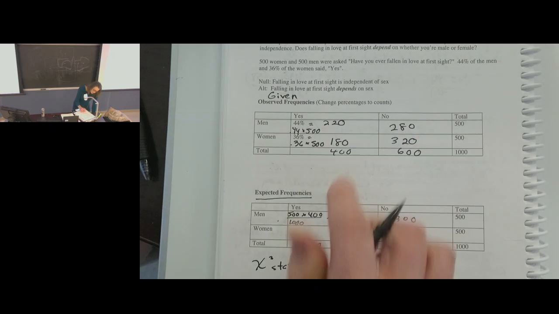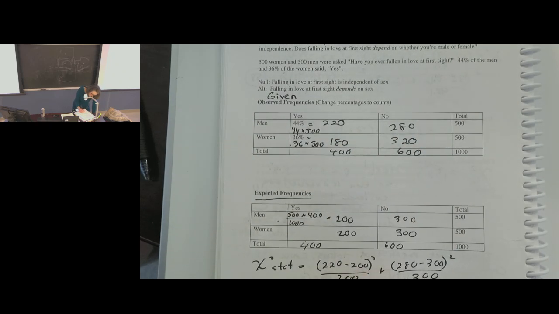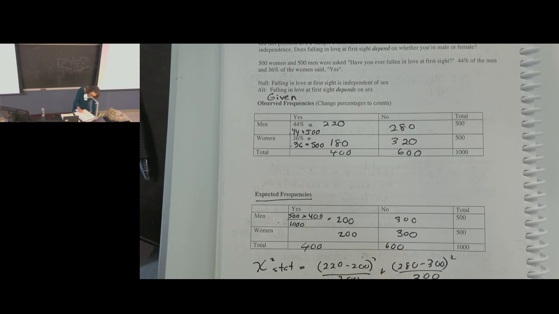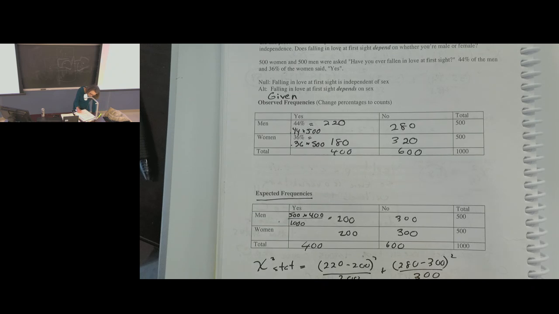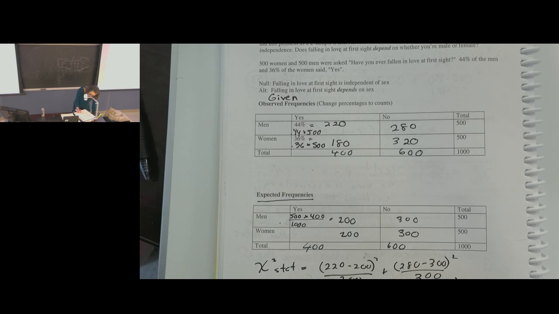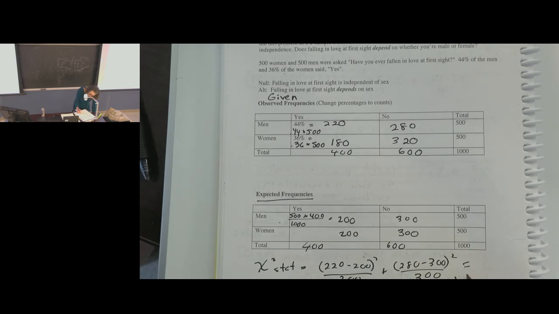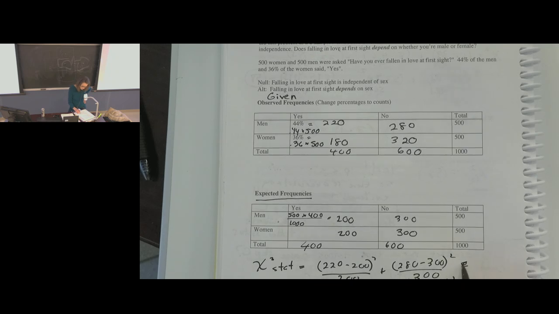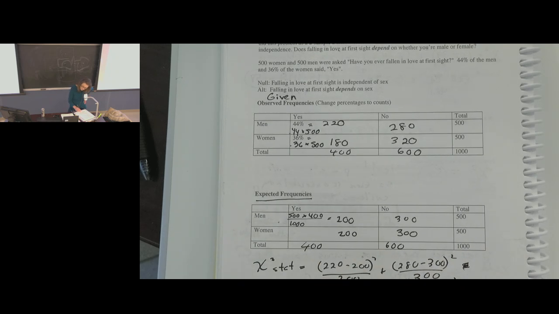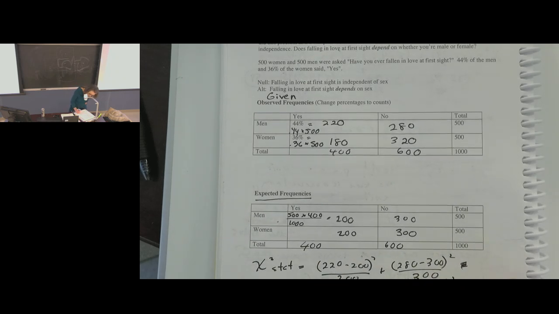And now the next row will be 180 minus 200 squared over 200, plus 320 minus 300 squared over 300. Okay, so when we add all that up, what do we get? I got 6.67.